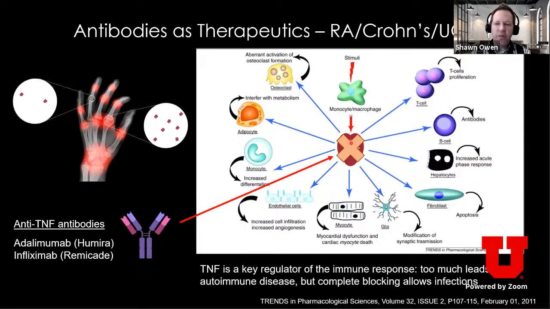The problem with TNF is it is such an important regulator of the immune response that if we have too much TNF in an environment, then we have these autoimmune diseases. But if we block it completely, that just opens the door for infections to happen. So it's really important that we have a balance somewhere in the middle. We don't want to block too much TNF, but we need to block enough TNF.